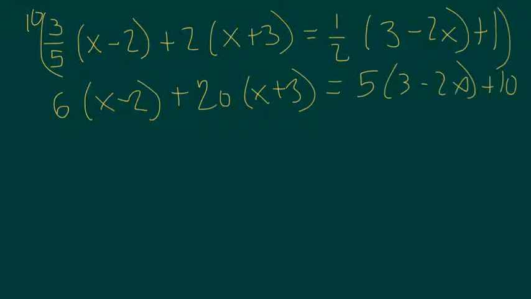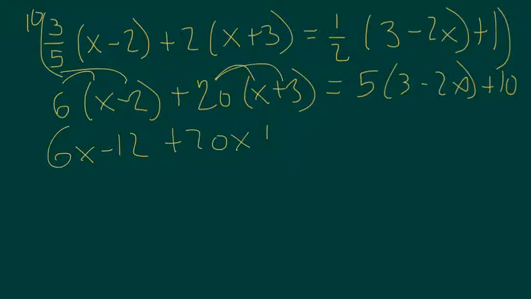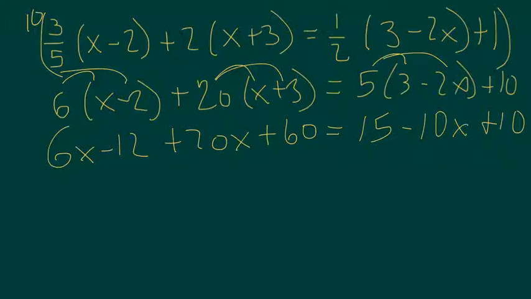Alright, then I would distribute 6 times this, 6 times that. I get 6x minus 12. 20 times x, 20 times 3. I get 20x plus 60. 5 times 3, 5 times 2x, I get 15 minus 10x plus the 10. So that takes care of steps 1 and 2. Step 3 is to combine like terms.